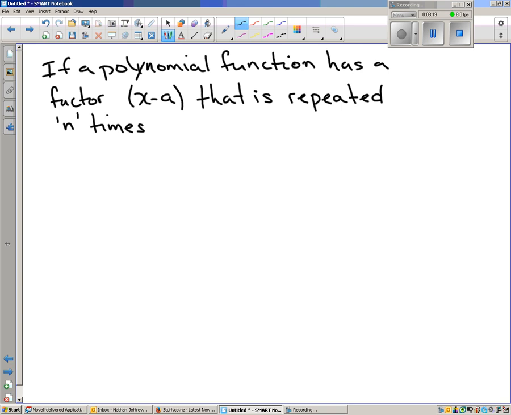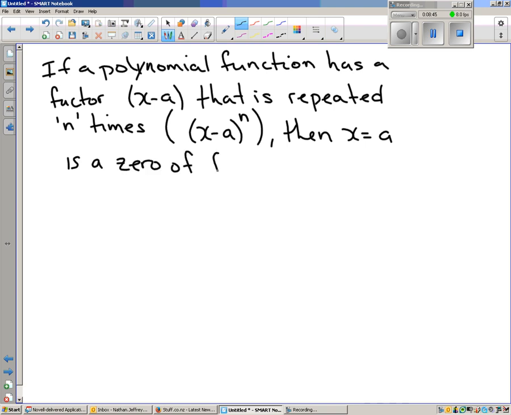So if we have a factor x minus a that is repeated n times, and what that'll look like is x minus a to the power n. What we can say then, x equals a is a 0 of our polynomial function, I'm just going to call it f of x, of order n.